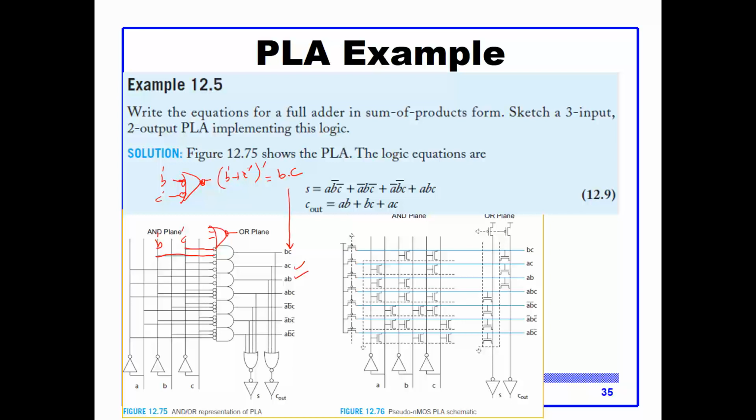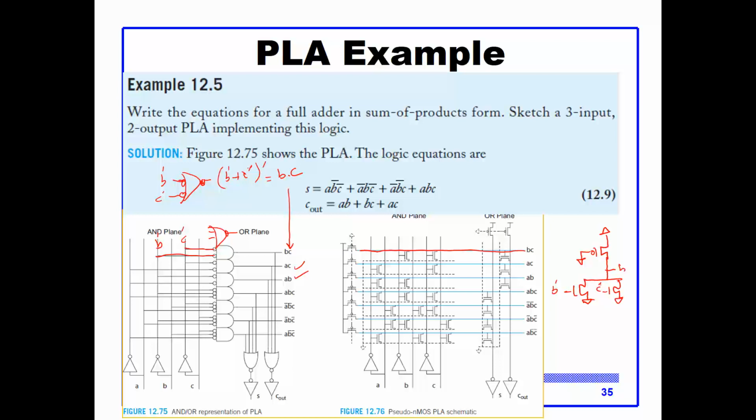Now, in terms of how we implement it in hardware with transistors, look at how we implement this NOR gate. You can see here this is the BC function. It is implemented in pseudo NMOS logic, and here you have the wide NOR gate with B prime and C prime.